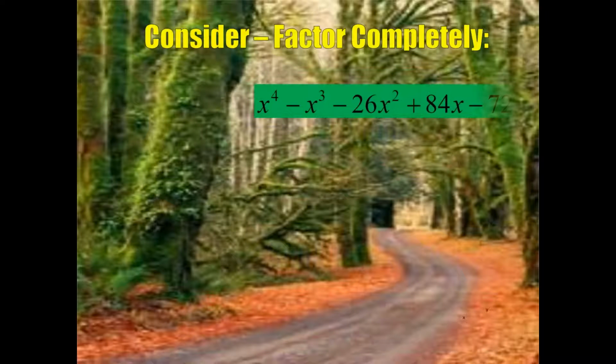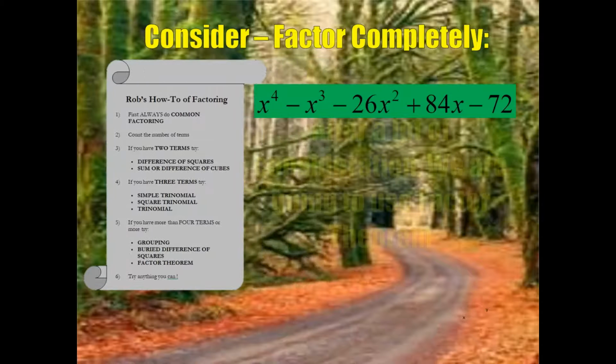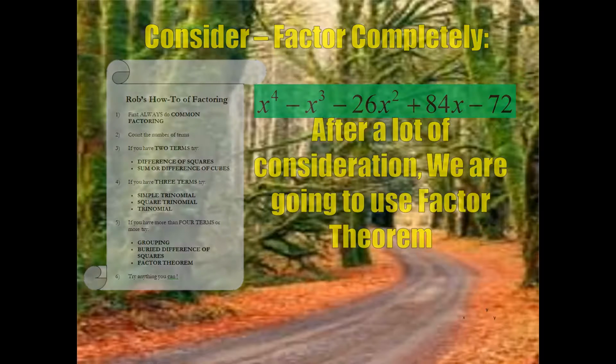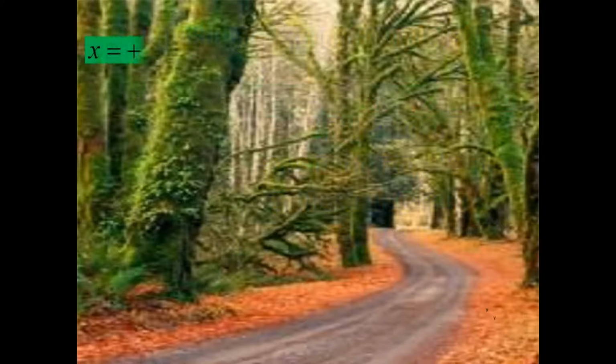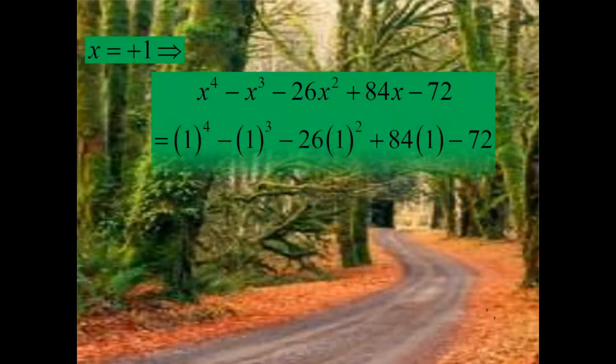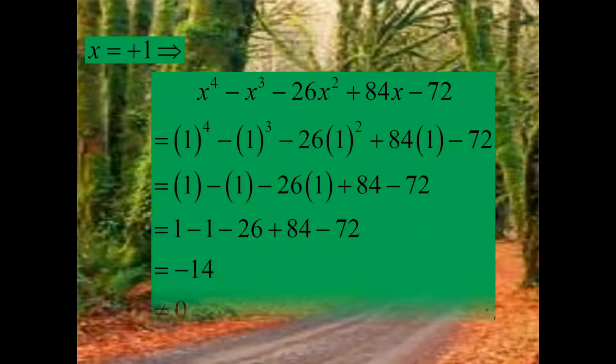Now, this is a hummer of an example. Bring in the factor sheet. We can think back and forth, but we're going to use the factor theorem. So let's start by substituting in x equals plus 1. We go through all the calculations and we get minus 14.